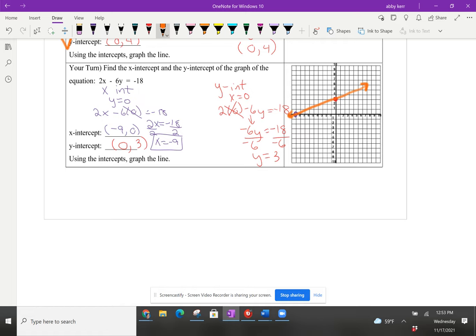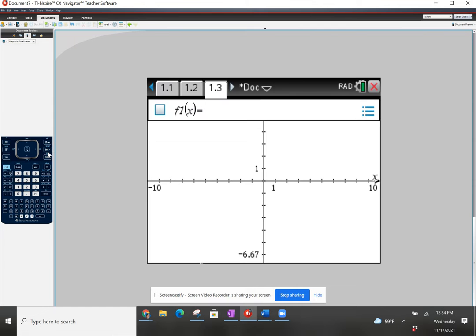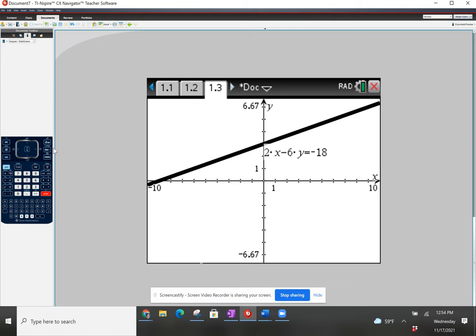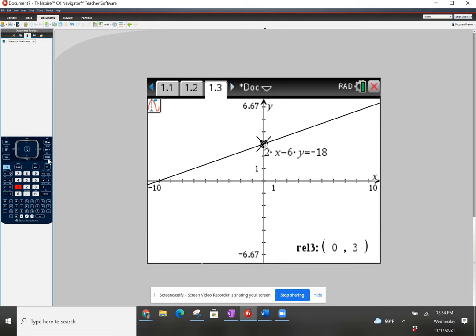If you did forget the negative, then you would have gotten a negative 3. And then by checking it in the calculator, you would have realized that you were incorrect. So be careful. 2x minus 6y equals negative 18. Menu, 5, and then 1.